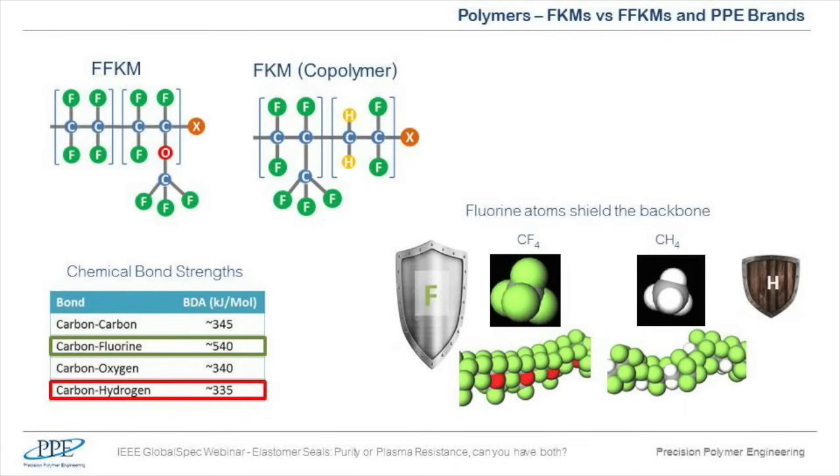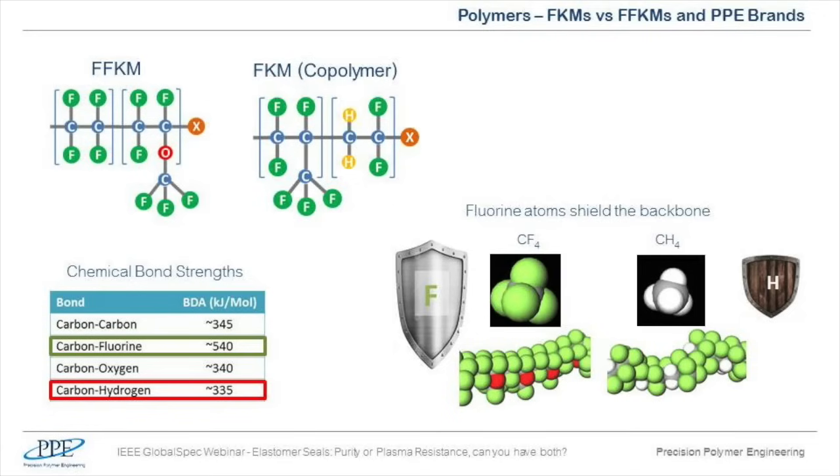So what does this mean? If an FKM material is exposed to a reactive substance, which can be a chemical, a gas, or plasma, the reactive species will attack the weakest bond in the structure. So it will go to the carbon-hydrogen bond and break it quite easily.